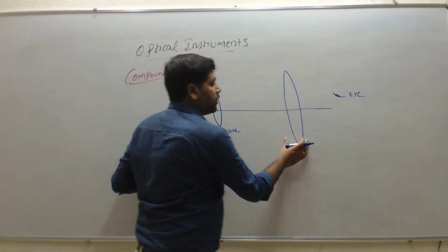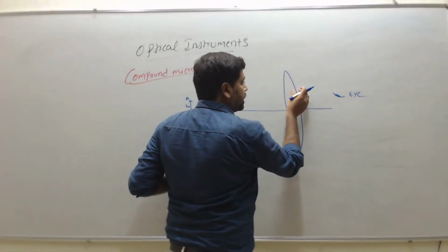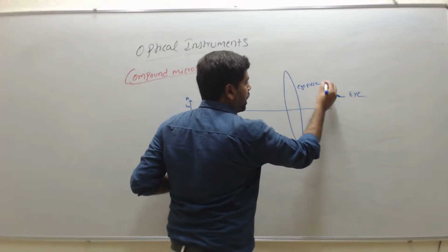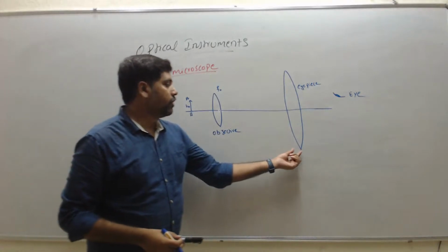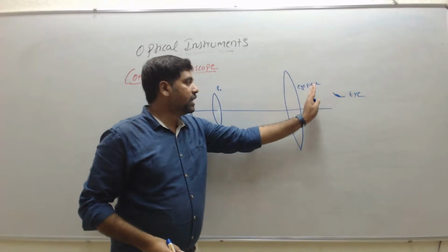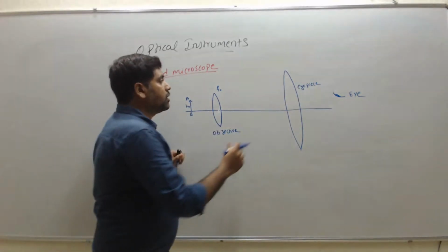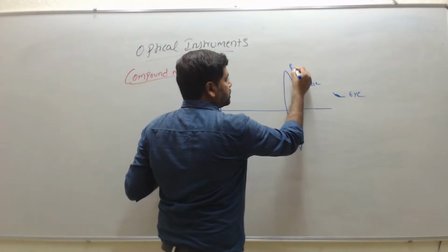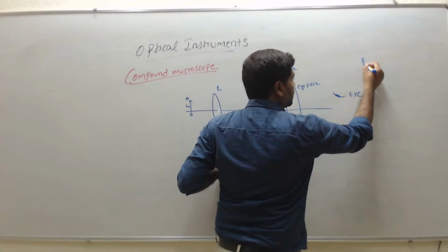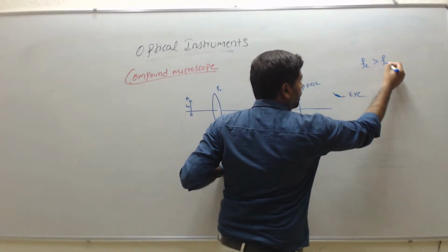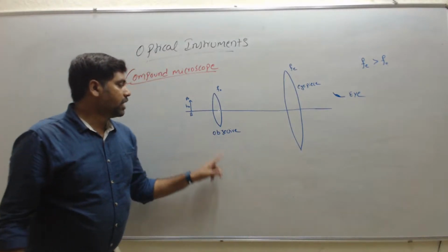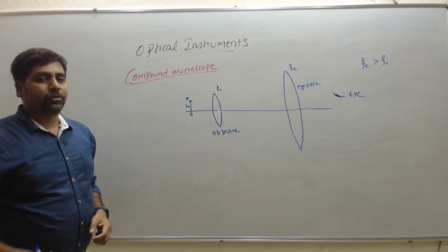The lens placed nearer to the eye we call the eyepiece, and its focal length we take as FE. Here FE is greater than FO: the focal length of the eyepiece is greater than the focal length of the objective.